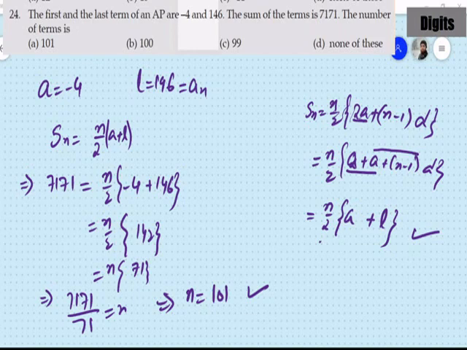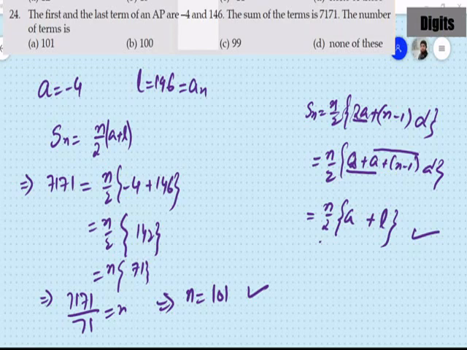into a plus l, where a is the first term and l is the last term. This formula is derived from this. Since we know this formula, n by 2 into 2a plus n minus 1 d, which is equal to n by 2 into a plus a plus n minus 1 d.